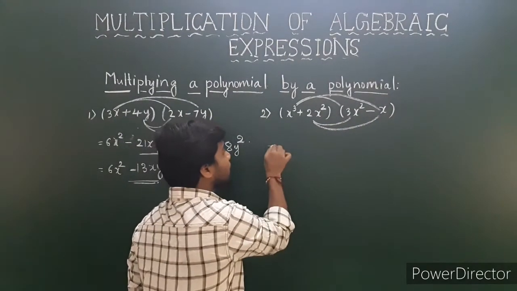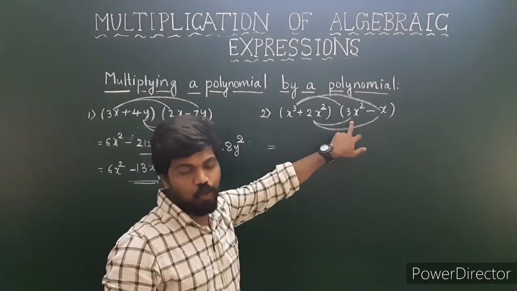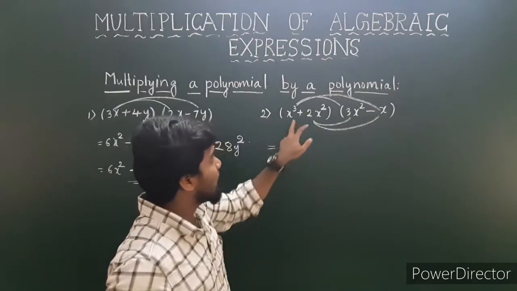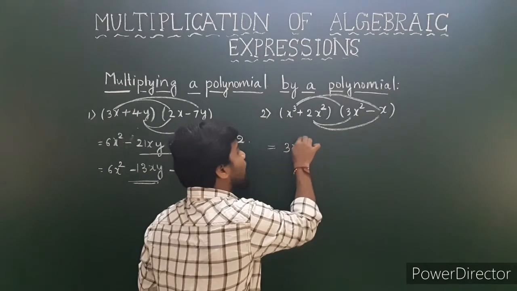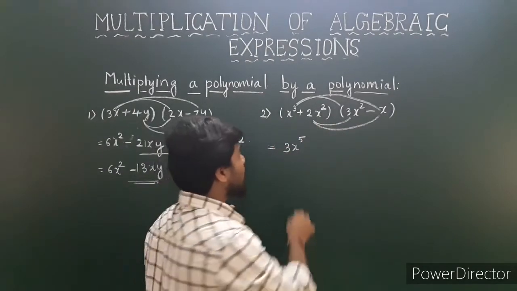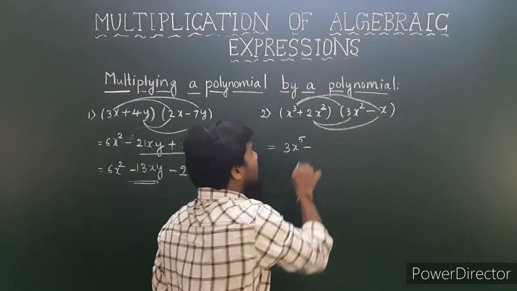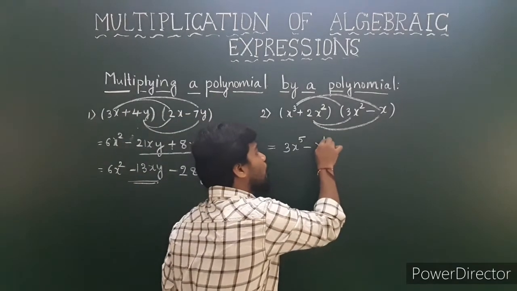First, x cube into 3x square, you get 3 as it is, x cube into x square, you get x to the power 5. Next, first to second, so plus into minus, x cube into x, x to the power 4.